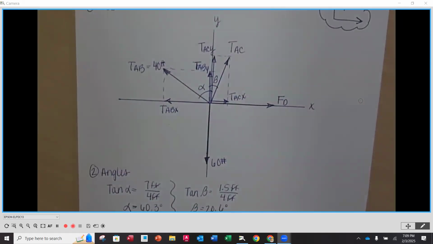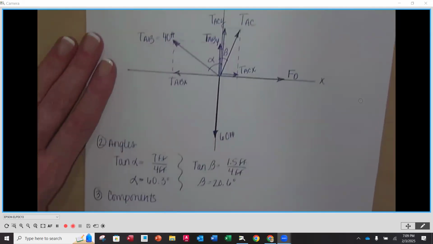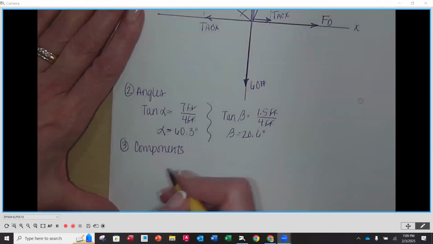So the two forces that we need to find X and Y components for are going to be TAC and that 40-pound force. So the 40-pound force will have actual magnitudes. TAC, the X and Y's are going to be in terms of TAC because that'll be an unknown. So go ahead and calculate your components down below.